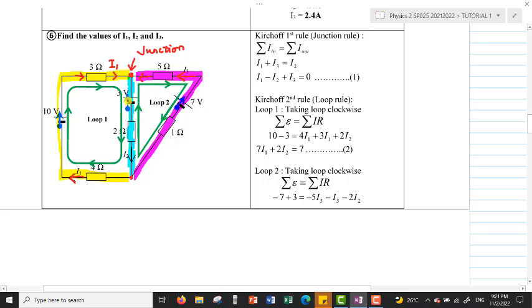But how about I2? If I trace out I2, I find that I2 will flow out from the junction. So I'm going to have I1 plus I3 equal to I2.